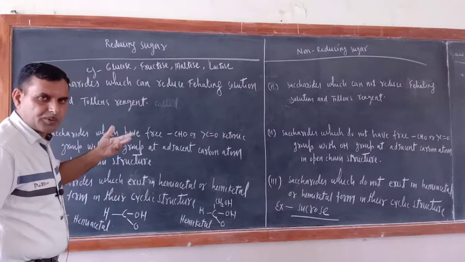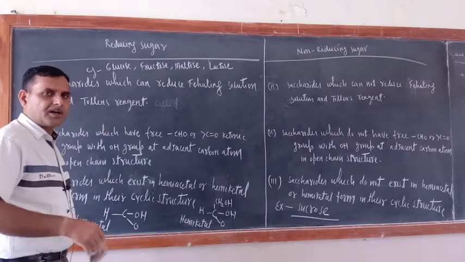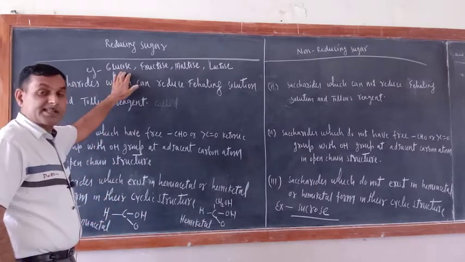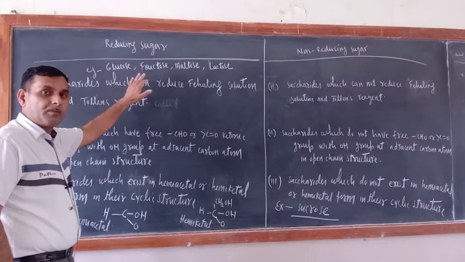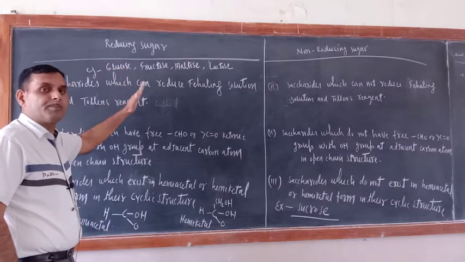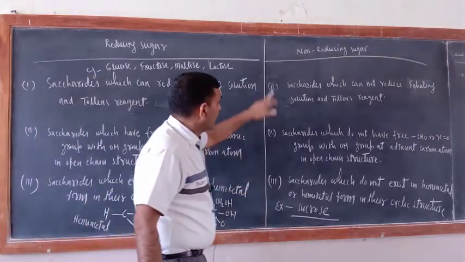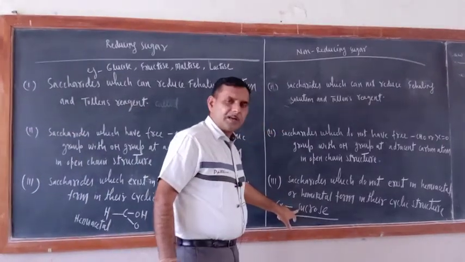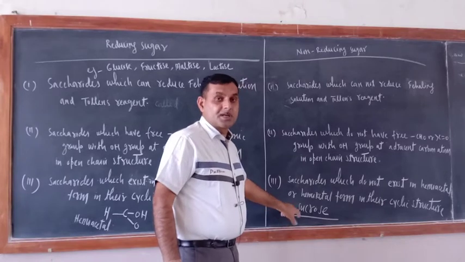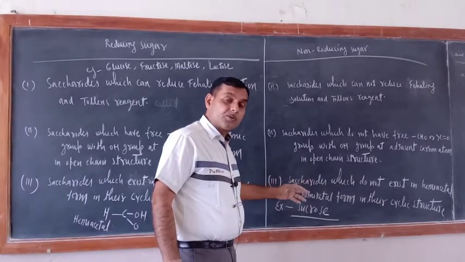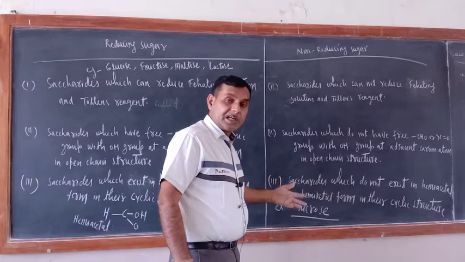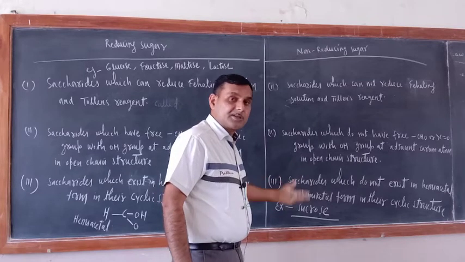Okay, that we have to explain. Are you getting my point or not? What are the characteristic features they have got, that is why they have been classified as a reducing sugar. Okay, now non-reducing sugar, only one example is there, that is sucrose. So what are the characteristics of sucrose, because of which it is classified as non-reducing sugar?